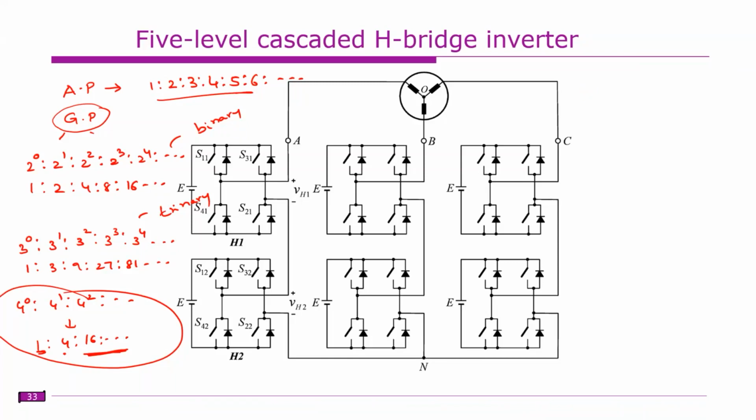So let us assume that we have 4 sources: one is E, 3E, another one is 9E, 27E. How many levels will it produce? If you have a combination something like this, how many levels will it produce?